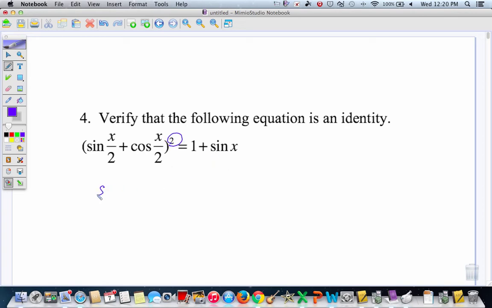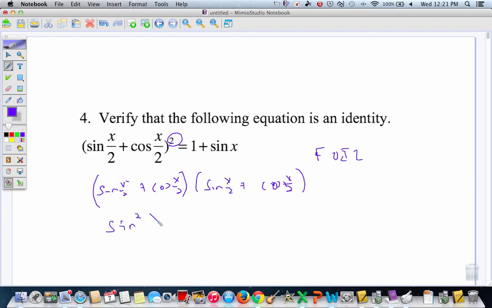So sine of x over 2 plus cosine of x over 2, squared, equals 1 plus sine x. Squared means to take that expression and multiply it by itself. So I have sine x over 2 plus cosine x over 2 being multiplied by itself, which means I will FOIL. First terms, sine times sine is sine squared.